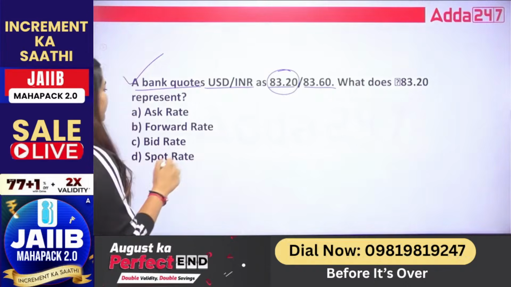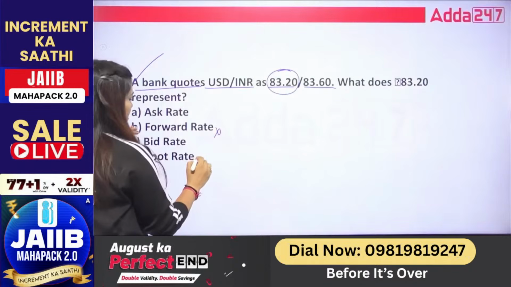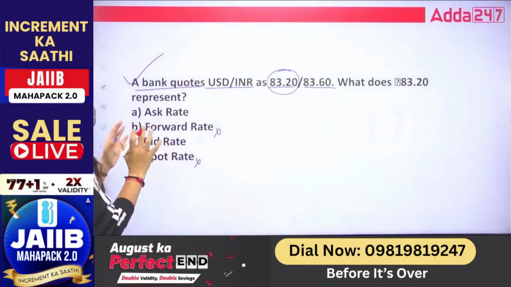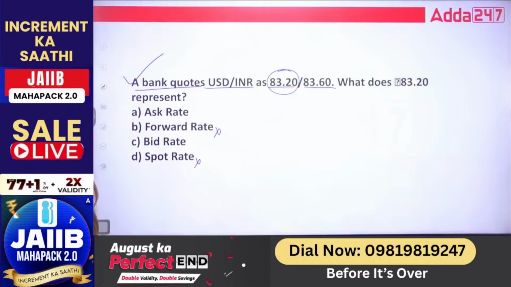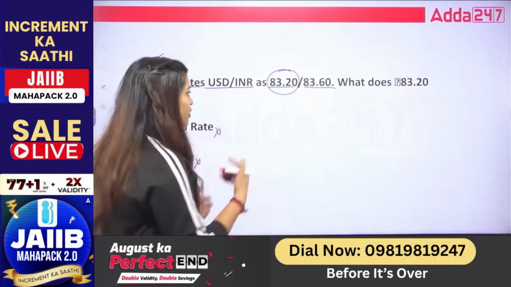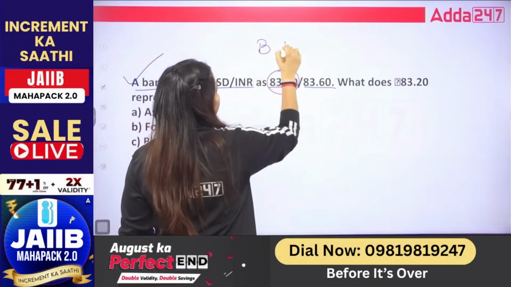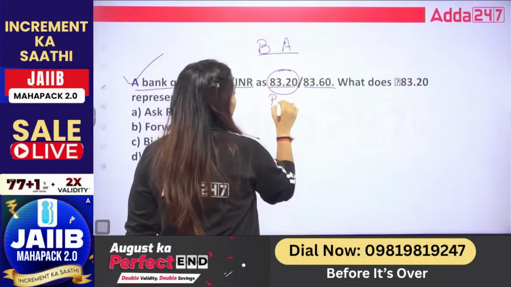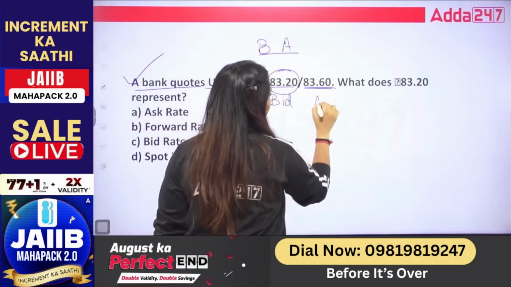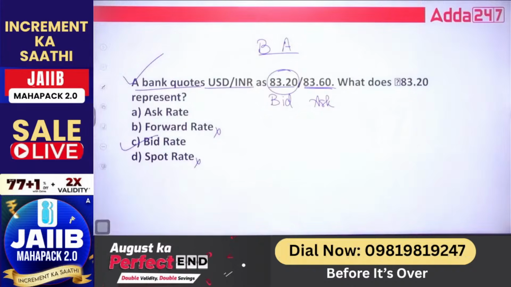Just now we have seen what ask rate and bid rate are, so there is no relevance of forward rate or spot rate. So tell me, what does this 83.20 represent? I told you that trick now. We read alphabets in reverse order, B, A. So this is your bid and this is your ask. Correct? So the correct answer is answer C.